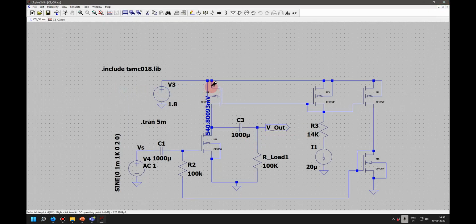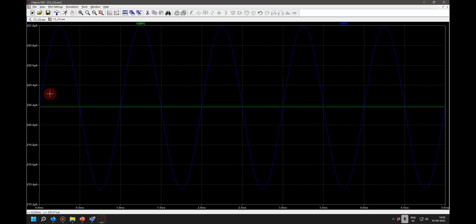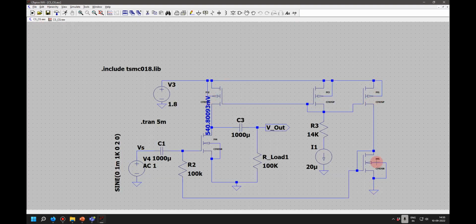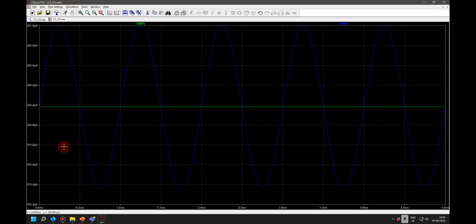Okay, so if I try to plot the current here, this current is an AC signal, but centered around 200. So it is going up to 221 micro and 219 micro, right? This is fixed current 200. This is a varying current, right? Because I have given an AC signal. Is this graph okay with all of you?